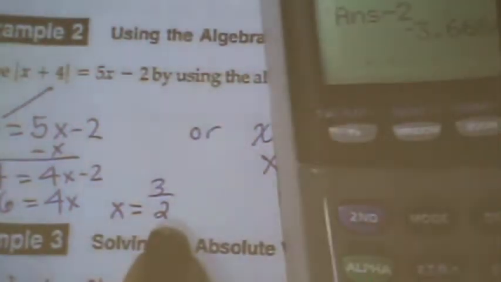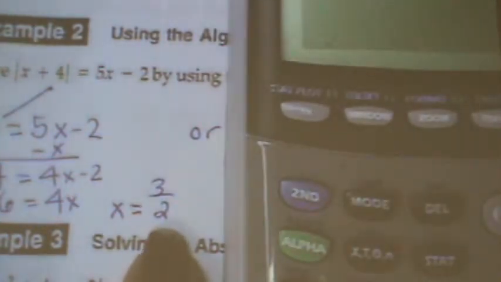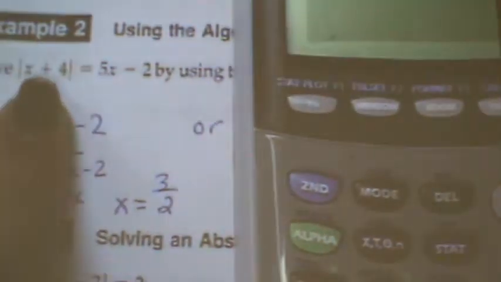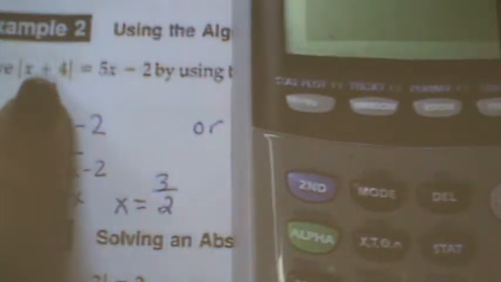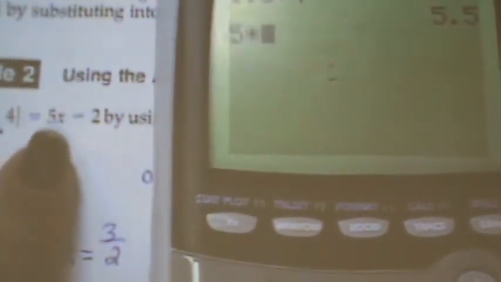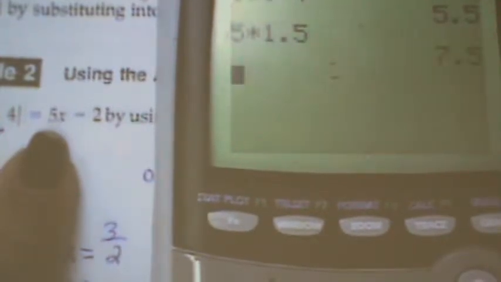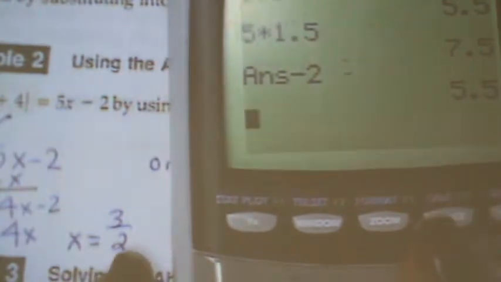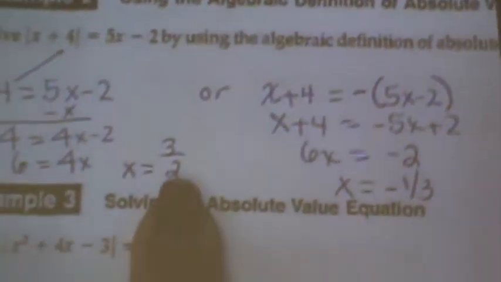Does it work? So I'm going to put 1.5 in here. 1.5 plus 4 gives us 5.5. And the absolute value of 5.5 is 5.5. Now if I put 1.5 in here, 5 times 1.5 minus 2, I get 5.5. So this answer works.